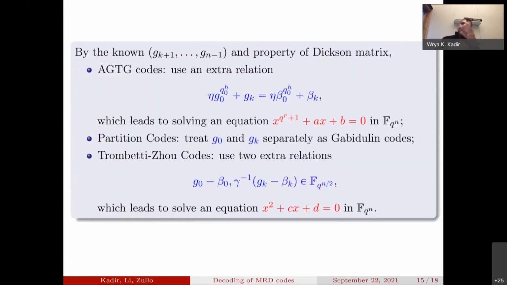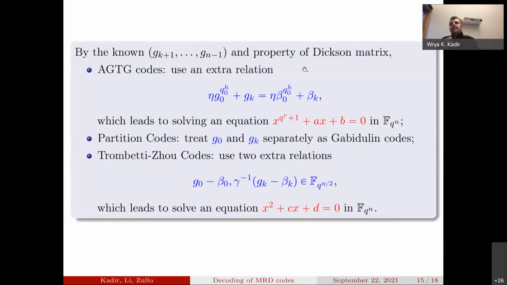In the process of decoding, AGTG codes, partition codes, and Trombetti-Zhou arithmetic codes have different approaches to find omega. For example, in AGTG codes, we use extra relations, since, as I mentioned, F_0 and F_k are related and dependent.